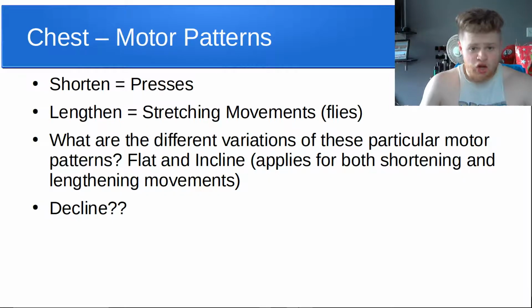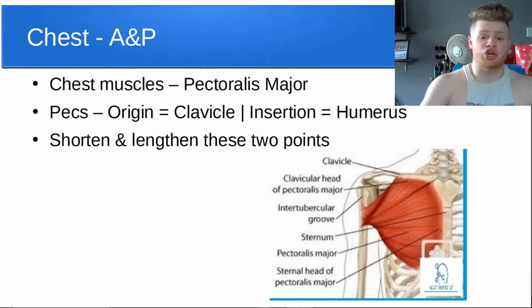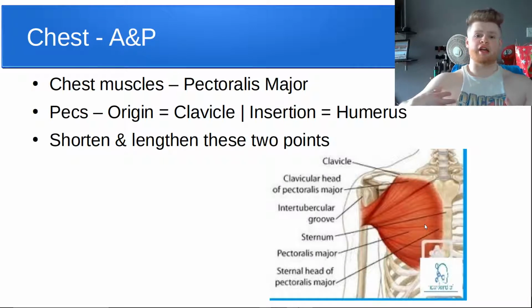Now, what are the different variations of these two movements, of the pressing movements and then the stretching movements? Let's go back to the picture that I just showed. Hopefully you guys can see my cursor here as I look at the chest muscle. You'll see the majority of the chest muscle fibers actually run horizontally, left to right.